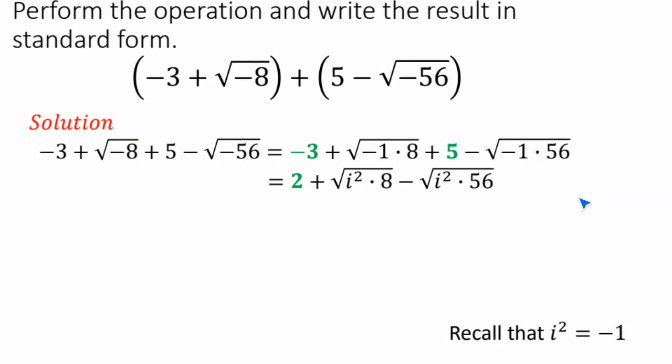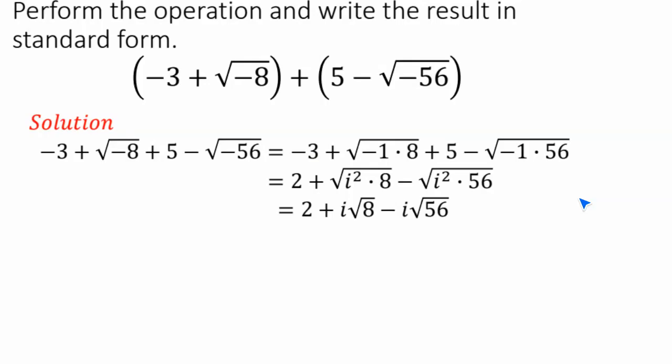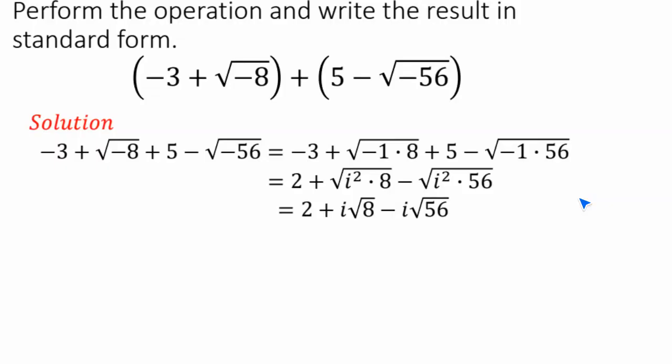So if I continue simplifying here, I am going to end up with the square root of 8 stays inside, but the i squared taken to the square root gives me just i. Over here, the same thing, minus the i squared to the square root just gives me i, goes outside the radicand, and I'm left inside just with the square root of 56.